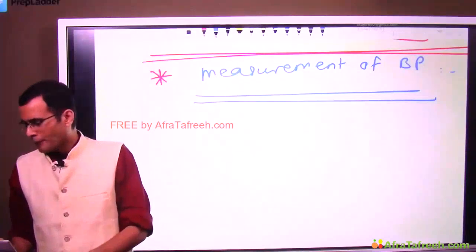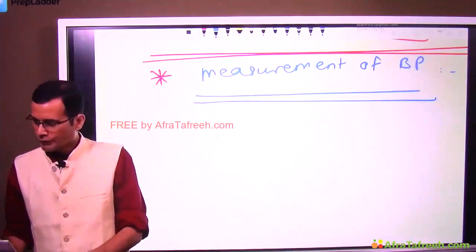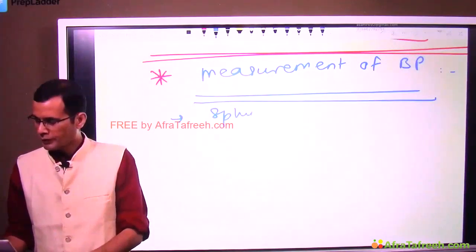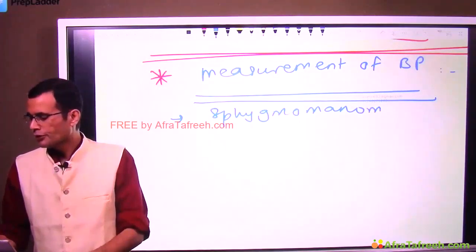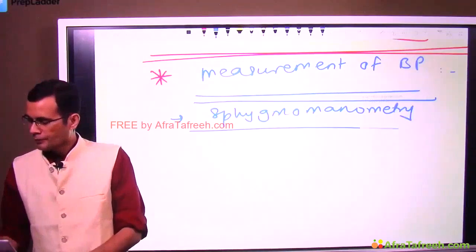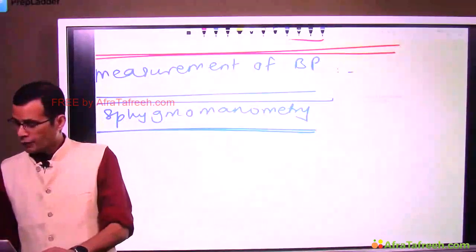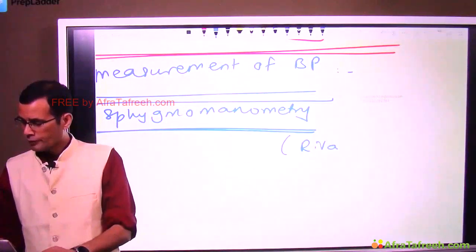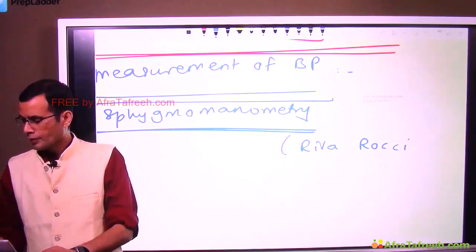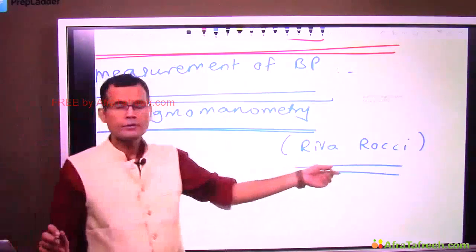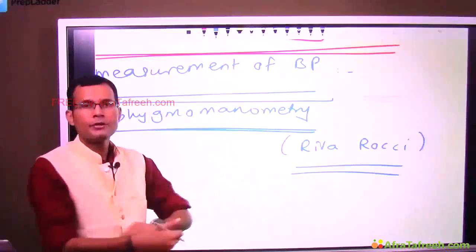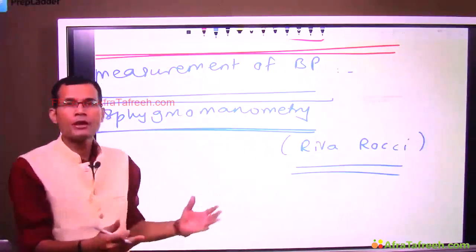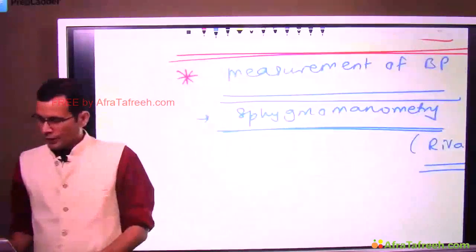Now first of all, sphygmomanometry is the name of the procedure, sphygmomanometer, and it has a Riva-Rocci cuff, the Italian name after which the cuff is named. It's called the Riva-Rocci cuff, the BP cuff. Right.